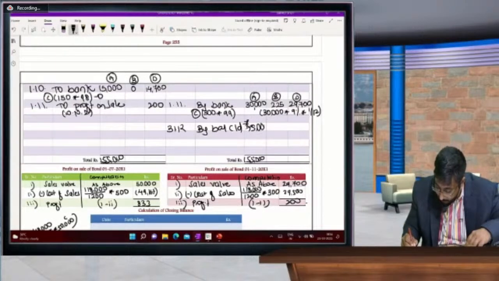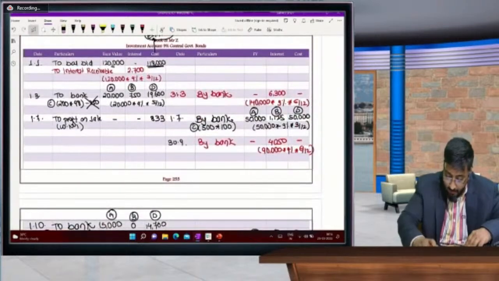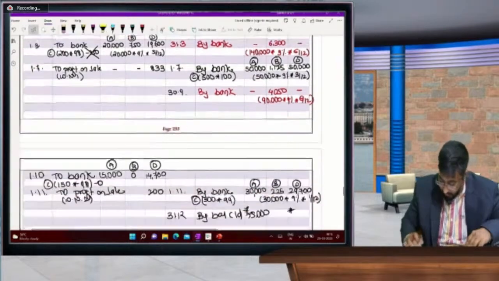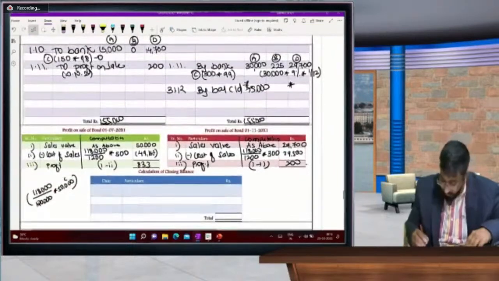75,000. And what is the cost? Cost is 1,18,000, 19,600 plus 833 plus 14,700 on the debit side plus 200. So 153,333.